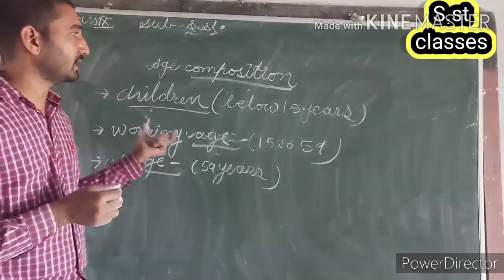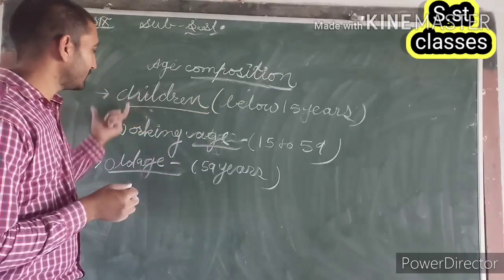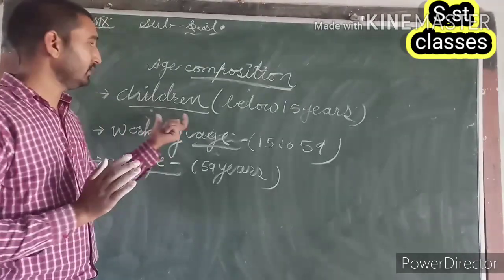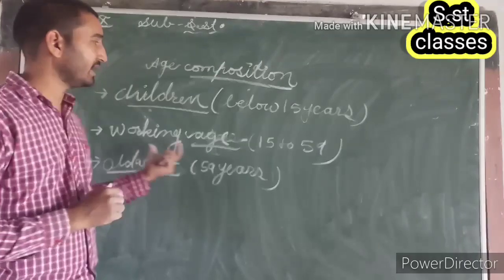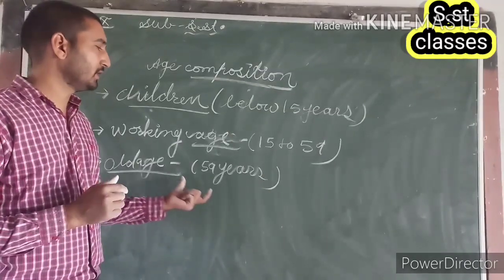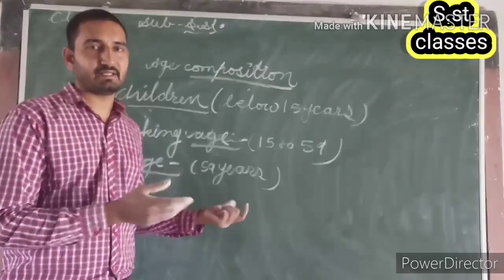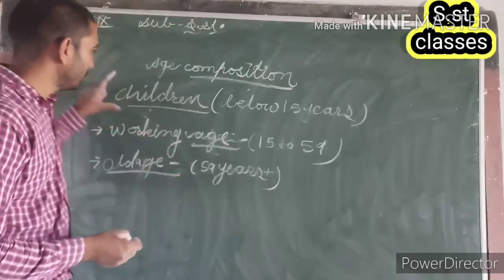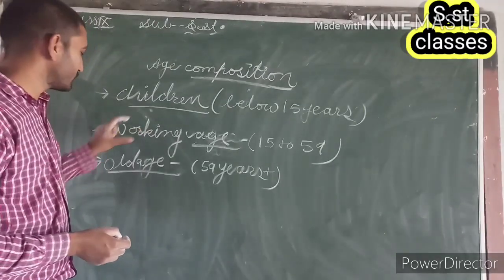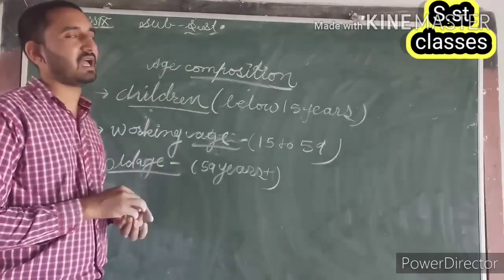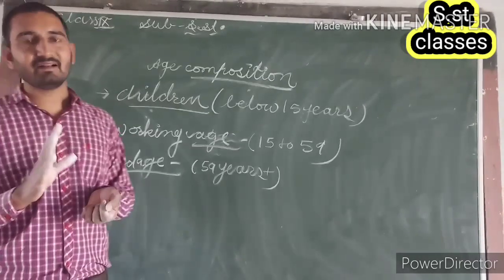So in this way, in the age composition there are three categories of age groups: children below 15 years, working age 15 to 59 years, and after that the old age group above 59 years, 59 plus. So the children age group or the old age group, both are dependent on the working age group. Is that clear, guys?